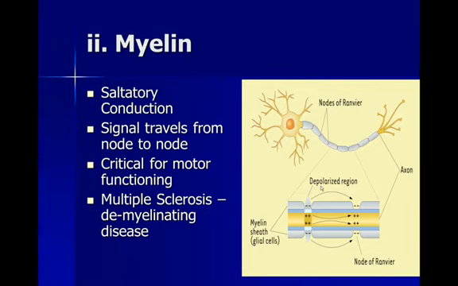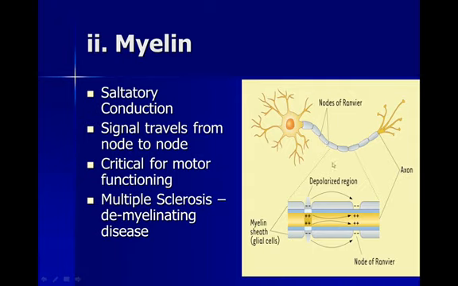This myelin sheath is responsible for what we call saltatory conduction, which is, in some dead language, a different word for jumping. Our electrical signal travels from node to node in these depolarized regions. This is critical for motor functioning, and again, multiple sclerosis is a demyelinating disease.